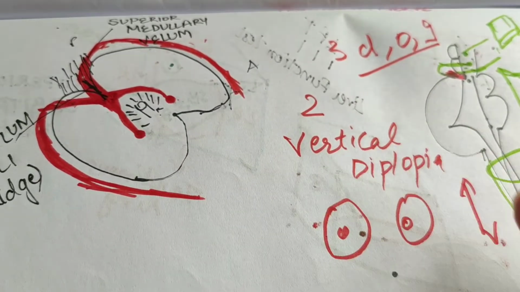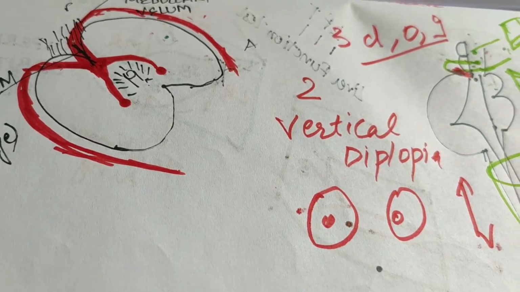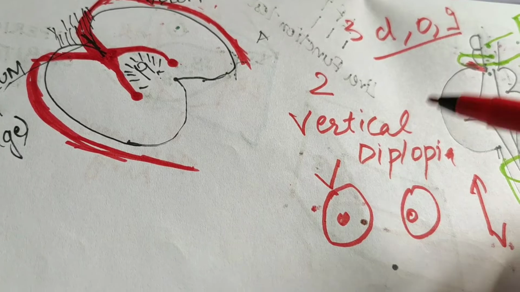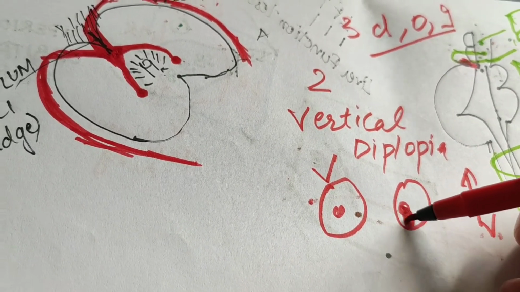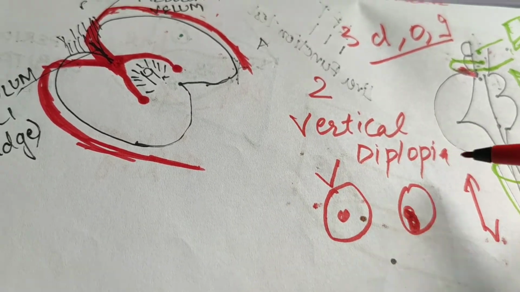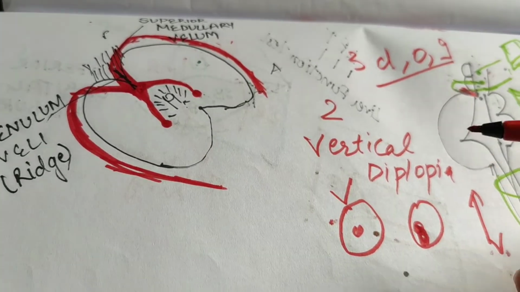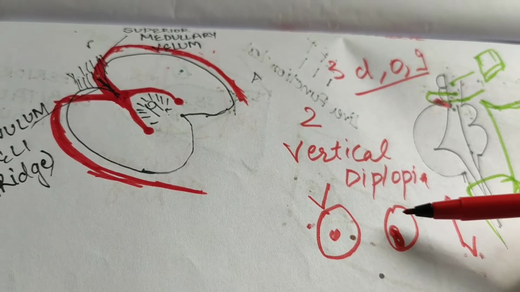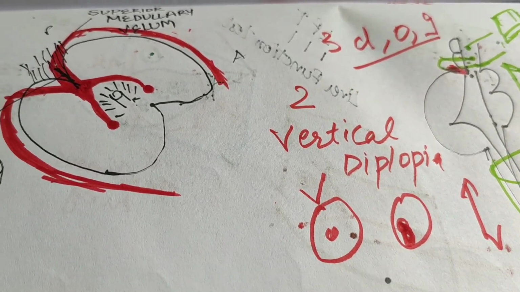If we talk about the down function, and we ask the patient to look down, suppose this eye is damaged, so this eye cannot look down and this one will look down. So the person will have two visions. That is the vertical diplopia. In a vertical direction, one eye is looking above, one is looking down. This will cause a vertical diplopia, two visions for the patient.